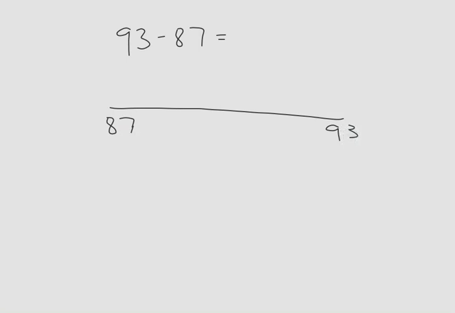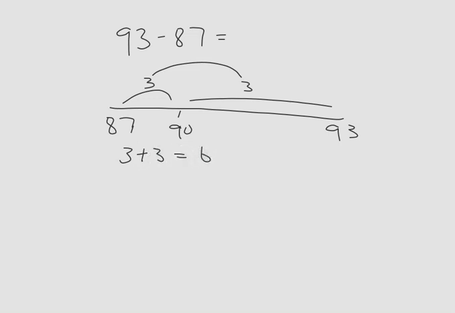Now convert it into the nearest ten, that is 90. The difference between 87 and 90 is 3, and the difference between 90 and 93 is 3. So add these two numbers. 3 plus 3 is equal to 6. So 93 minus 87 is equal to 6.